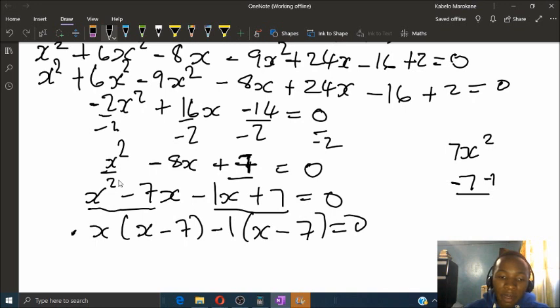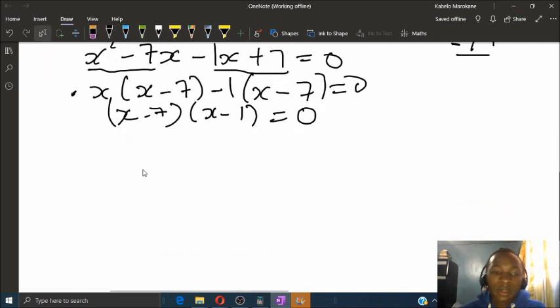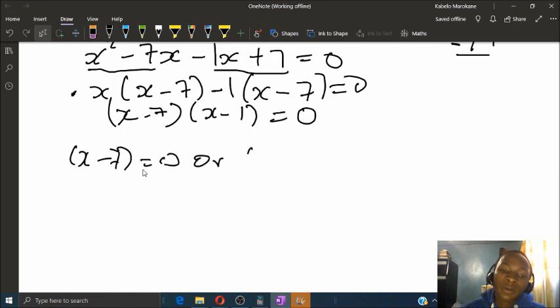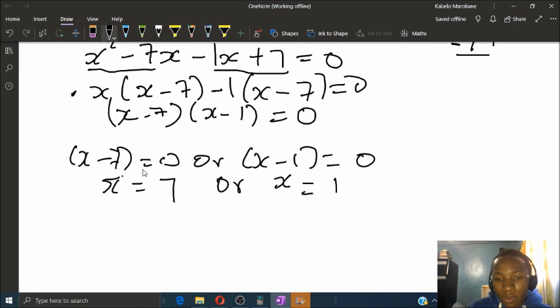And then because the brackets are the same, keep 1, and then you have (x minus 1)(x minus 7) equals 0. Okay, so either the first bracket equals 0 or the second one equals 0. So x is equal to 7 when you bring the negative to the other side, or x is equal to 1.